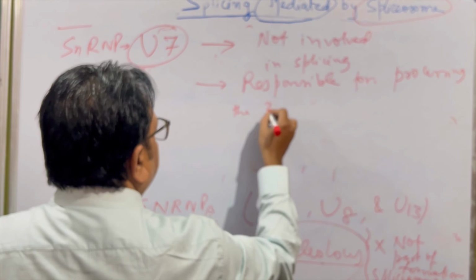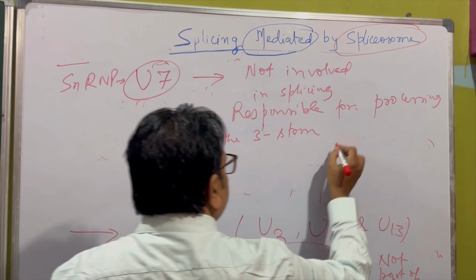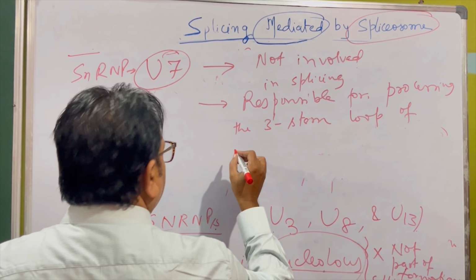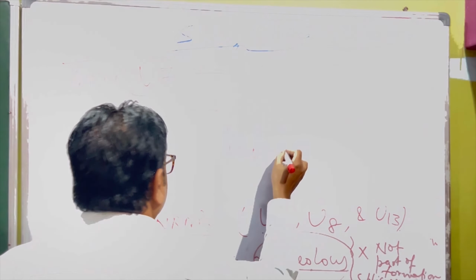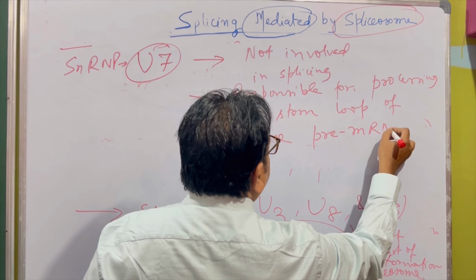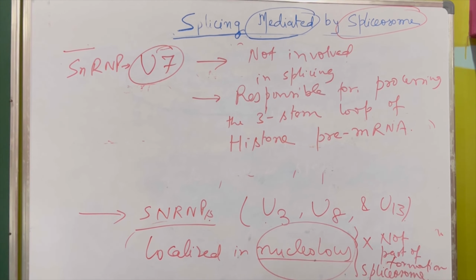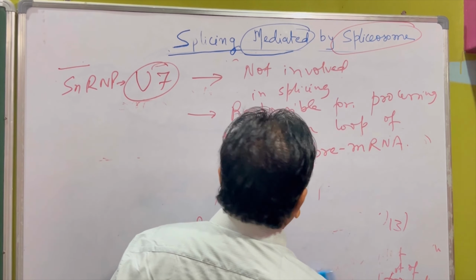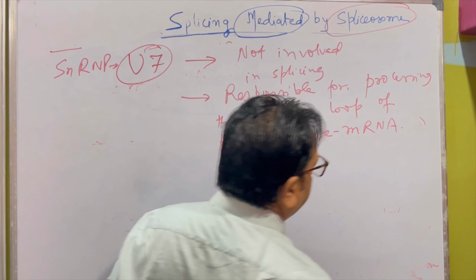the 3' stem loop of histone pre-mRNA. So this is the function recognized for U7, that it is responsible for processing of the 3' stem loop of histone pre-mRNA.